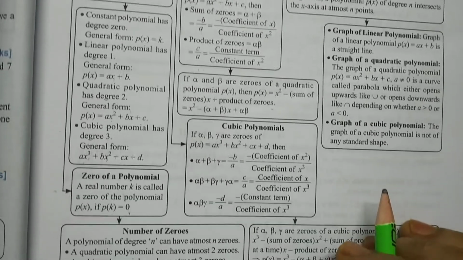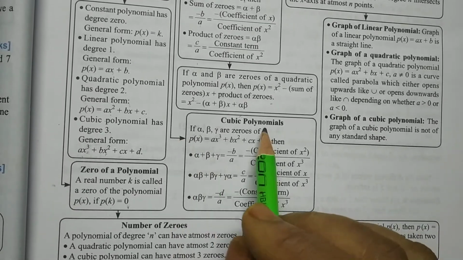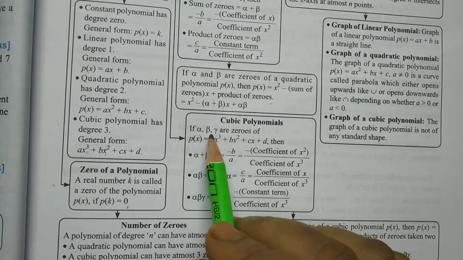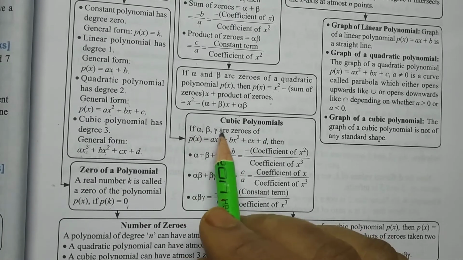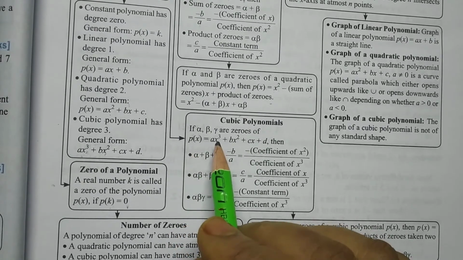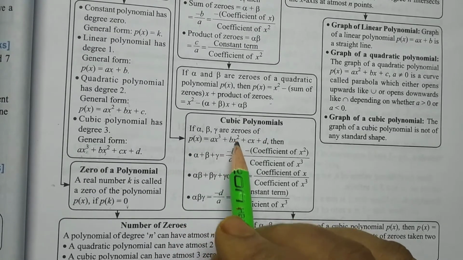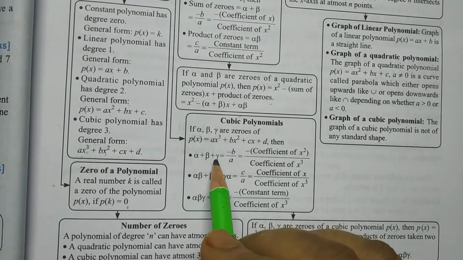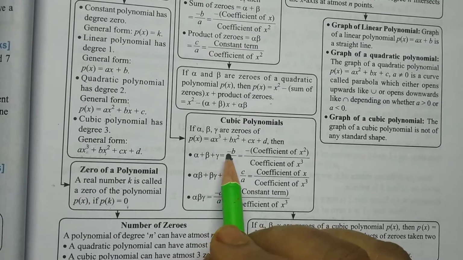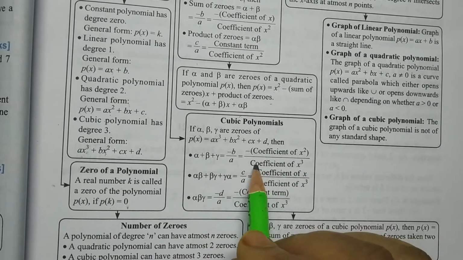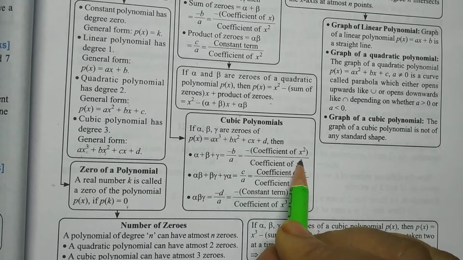And if it is a cubic polynomial, then a cubic polynomial has how many zeros? 3 zeros. Alpha, beta, gamma. If we take these 3 zeros, then p(x) is equal to ax cube plus bx square plus cx plus d. Then alpha plus beta plus gamma, means sum of zeros, is equal to minus b by a, means coefficient of x square divided by coefficient of x cube.